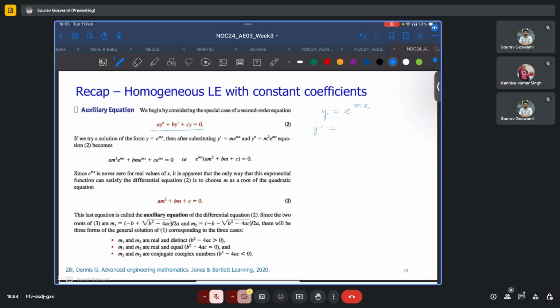Then y prime will simply be m e power mx, and y double prime will simply be m square e power mx.